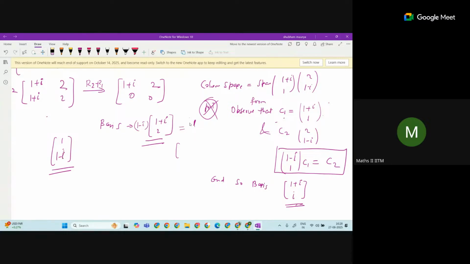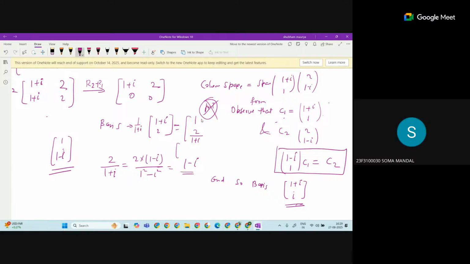This vector is exactly that one. You can just divide by 1 plus i. If you divide, this becomes 1, and the second entry is 2 upon 1 plus i. Rationalizing, 2 upon 1 plus i is 2 into 1 minus i upon 1 plus 1, since 1 squared plus 1 squared is 2. Finally you get 1 minus i.